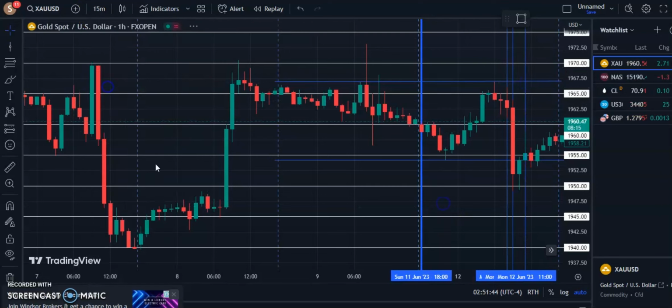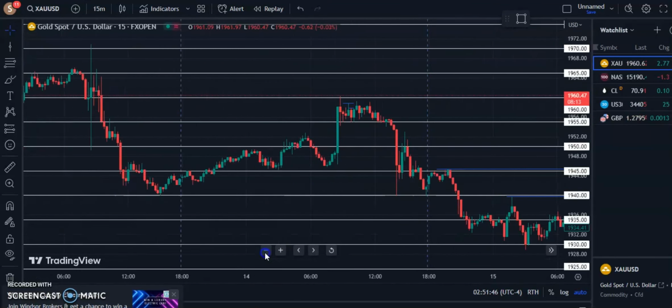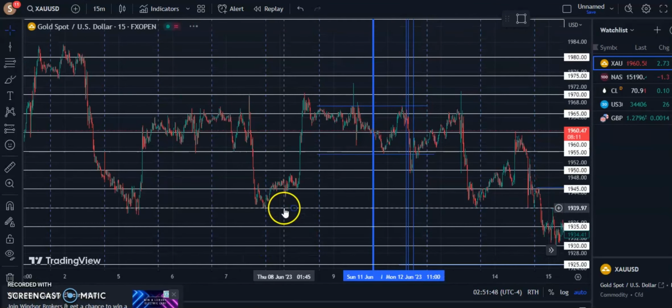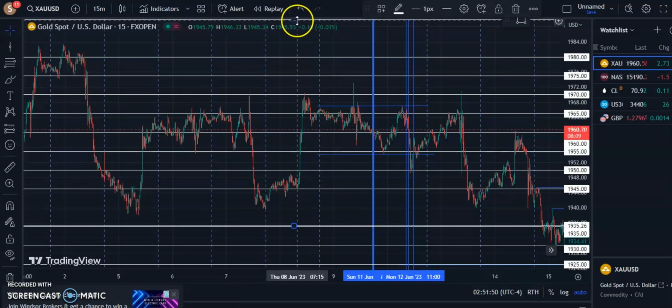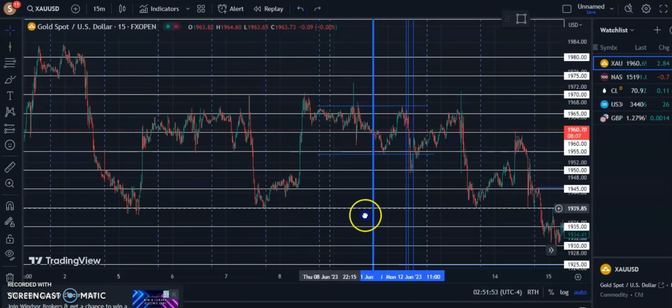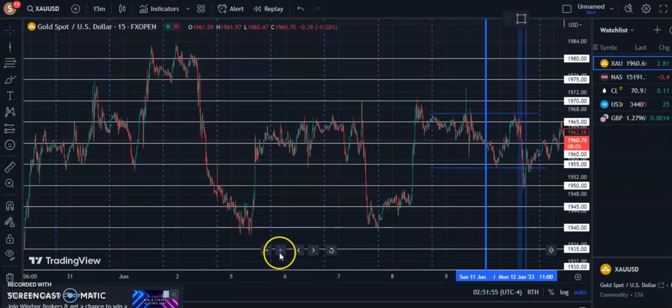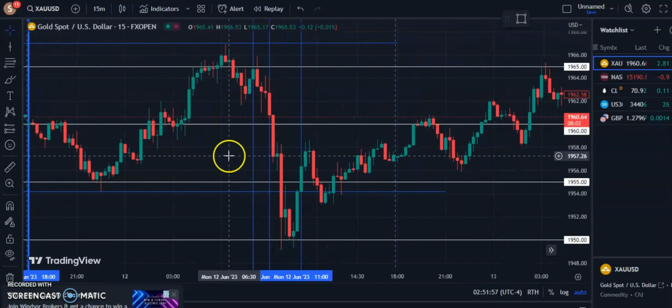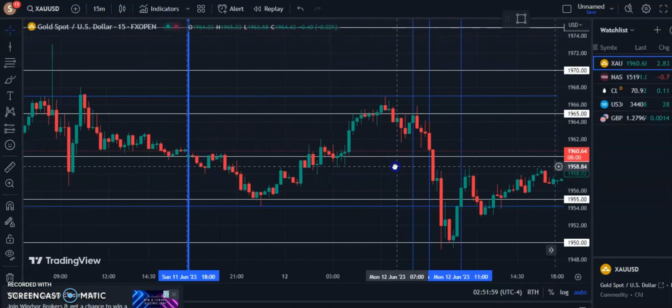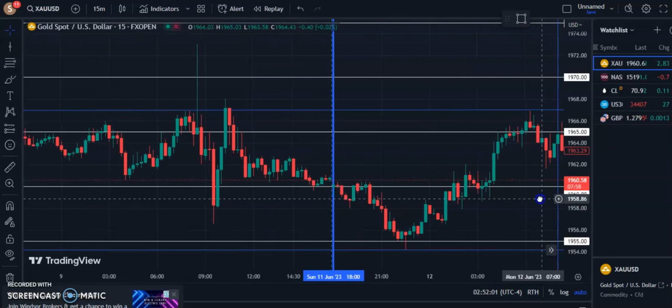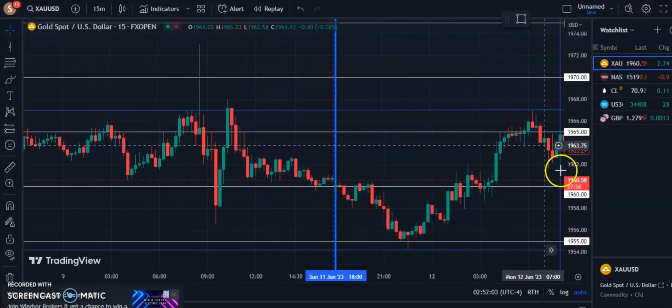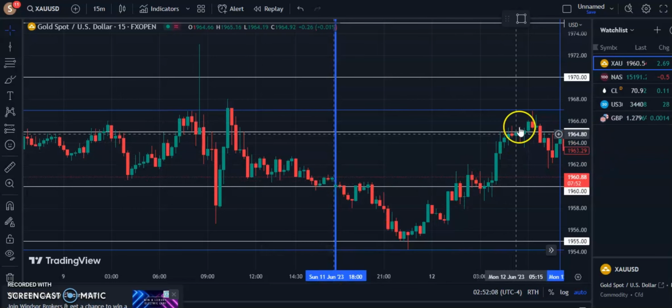Now since we have the high of the day set in place in London, this is how it looks before the first hour even sets up. We have this pump.